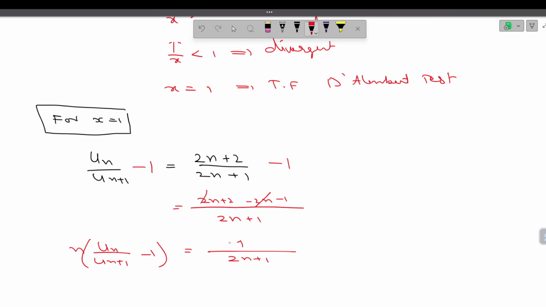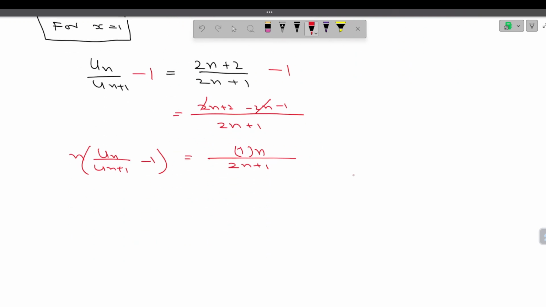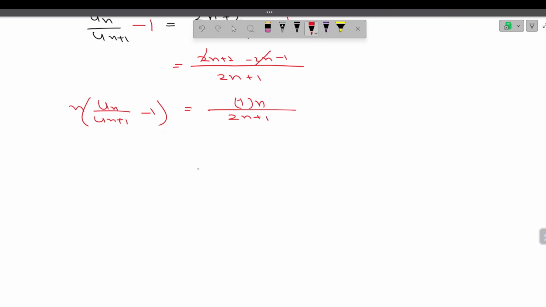Multiplying by n both the sides. Now what I am doing is taking n common. If I take n common from the numerator, n from denominator, 2n common, 1 plus 1 by 2n. So this n gets cancelled.